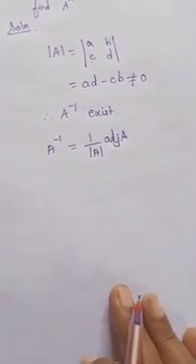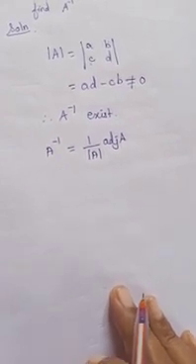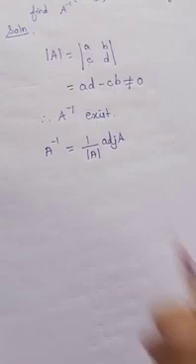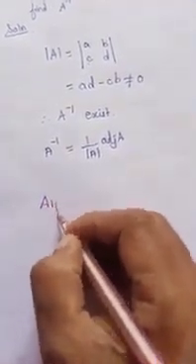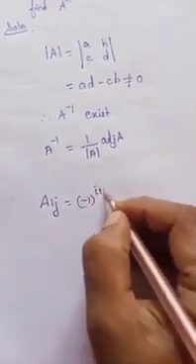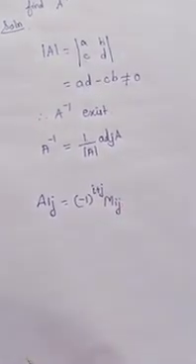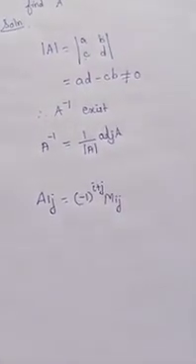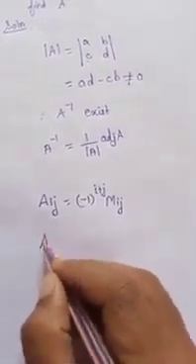Actually this is a 2 by 2 matrix, right? Last class we learned how to find the adj A for a 3 by 3 matrix. What is that adj A? For the adj A formula, first we have to find the cofactor. What is the cofactor? Minus 1 power i plus j into Mij, where Mij is the minor. So to find it, let's make it very easy.